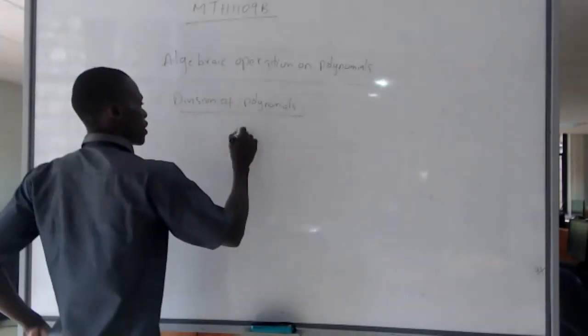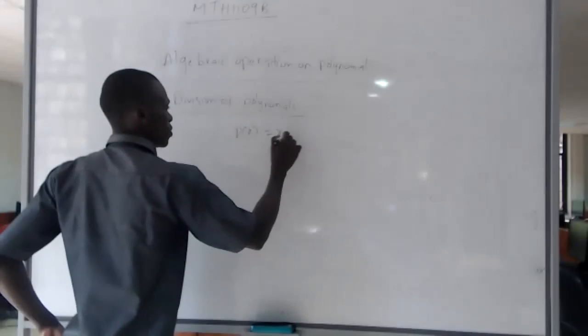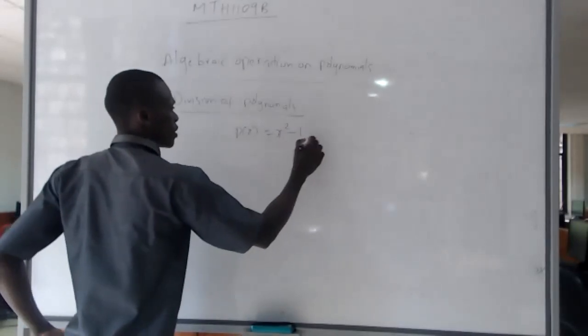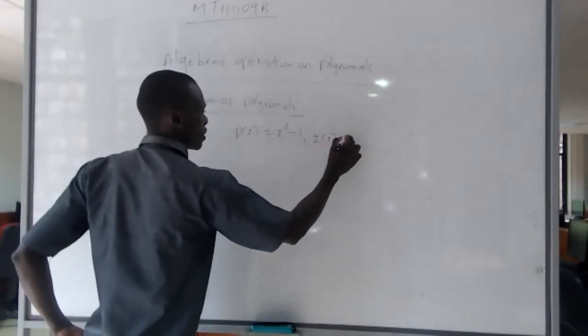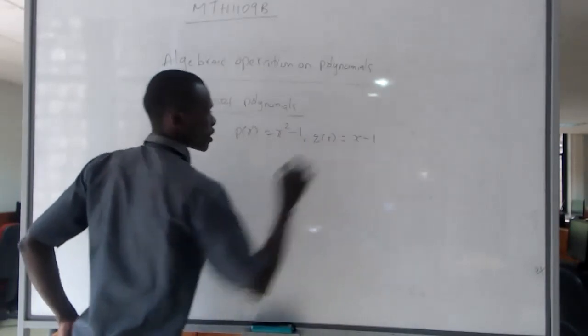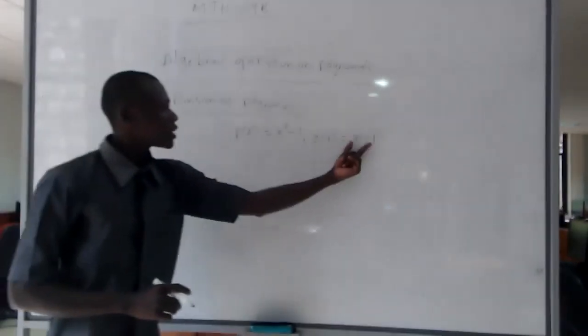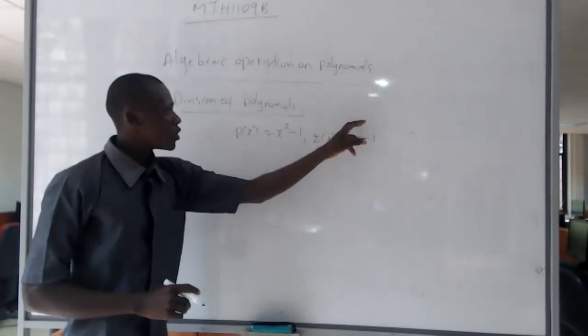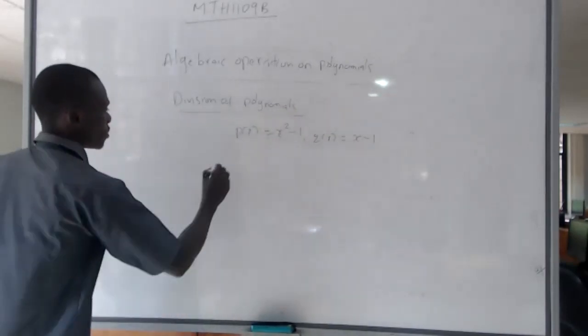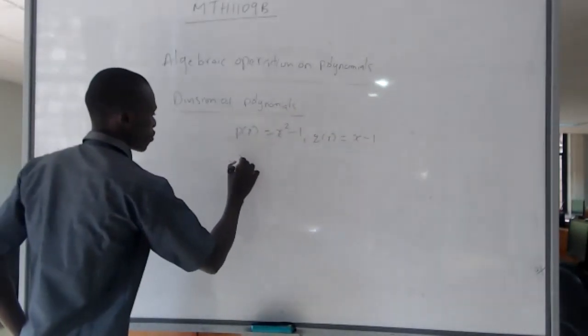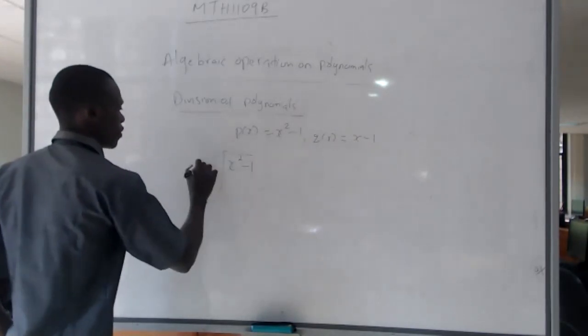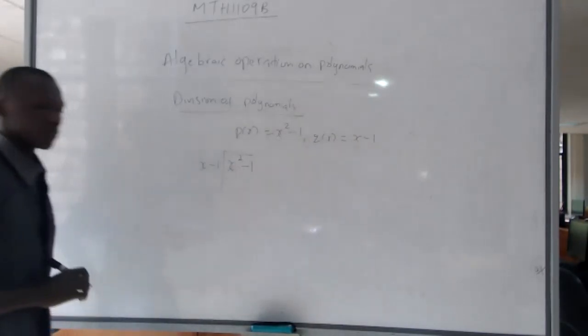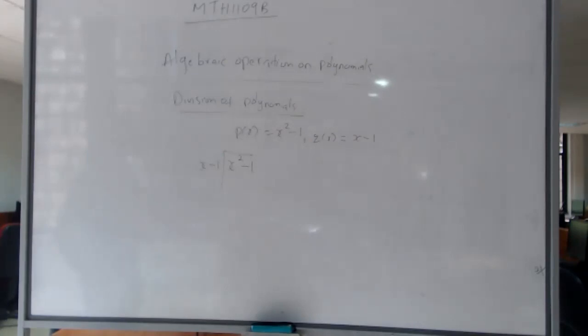So for instance, take p(x) = x squared minus 1, and take q(x) = x minus 1. The divisor in this case has more than one term. We can divide because this is degree 1, this is degree 2. So we have x squared minus 1 divided by x minus 1.